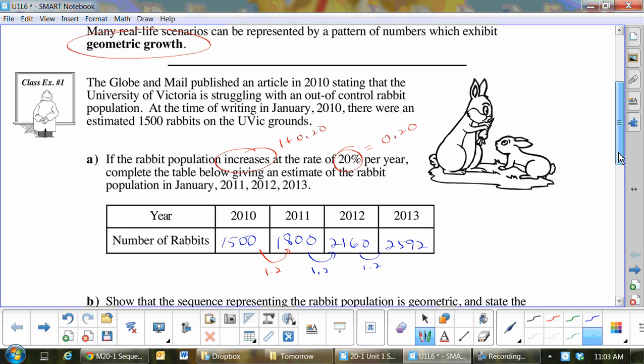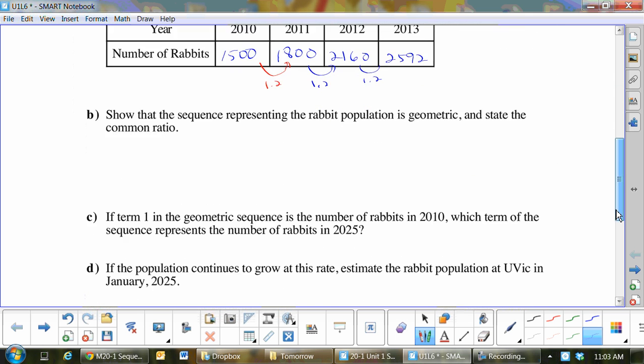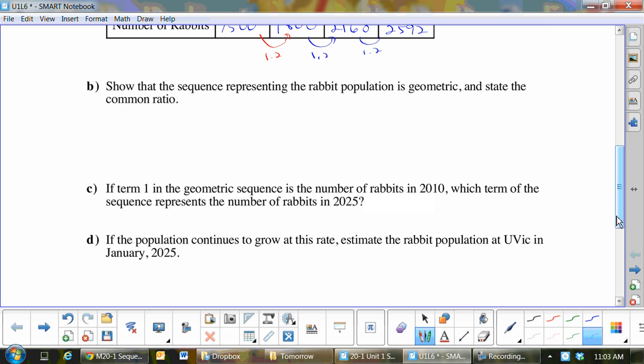But let's go all the way down to D. The question asks, how many would there be in 2025? Now, we know, first of all, how many years later is this? 15 years later. Everyone got that in their head? Okay, so maybe write that down. 15 years later.